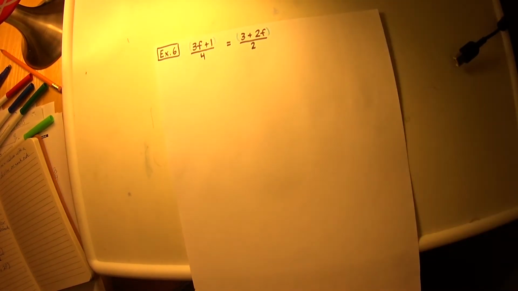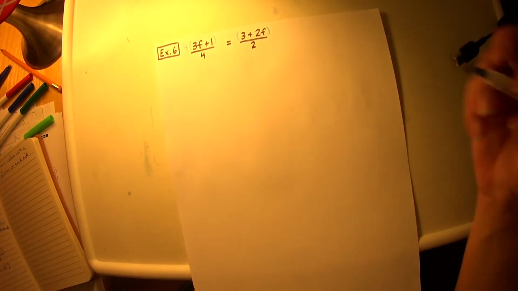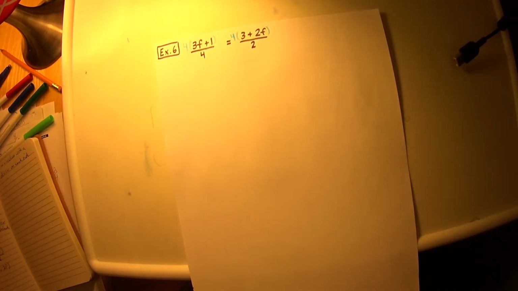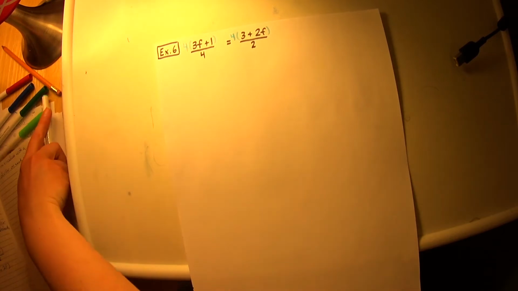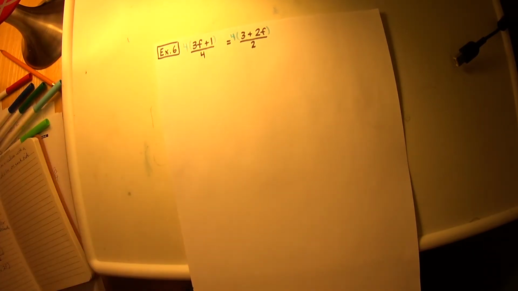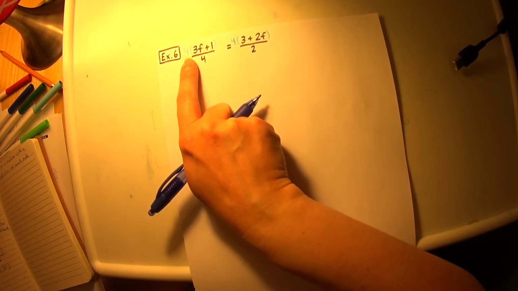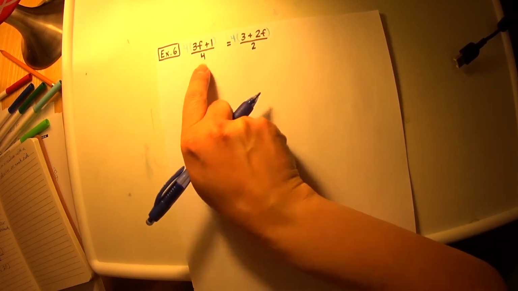Then we're going to add our brackets around the top of each of these fractions, and place that lowest common multiple as a numerical coefficient outside the bracket. So I'm going to put 4 here, 4 here. I'm multiplying each of these by 4. Before I apply my distributive property, I'm going to divide the numerical coefficient that I just added by the divisor in order to cancel it out.